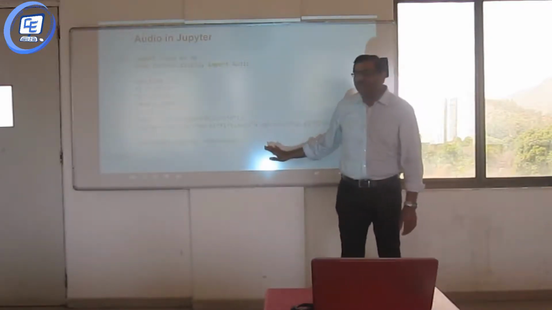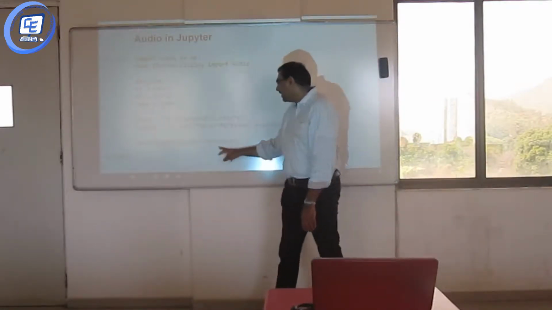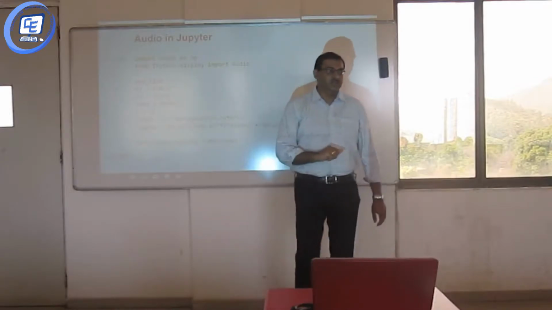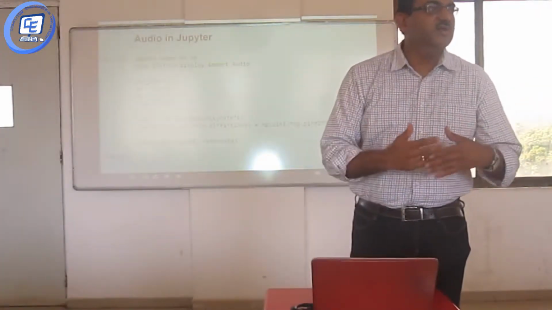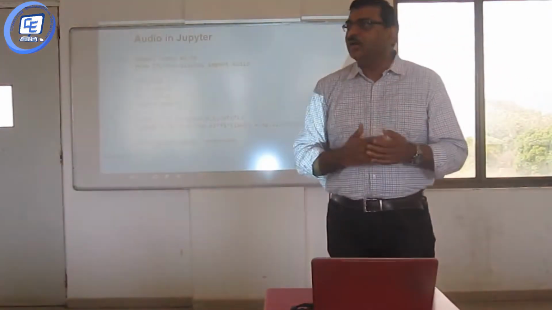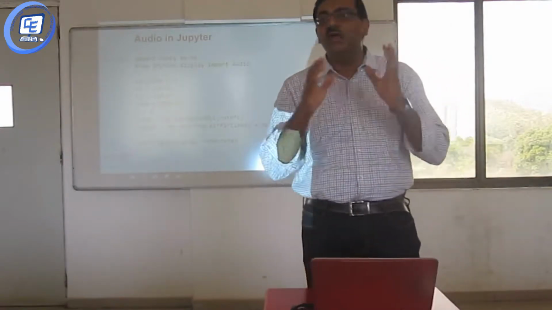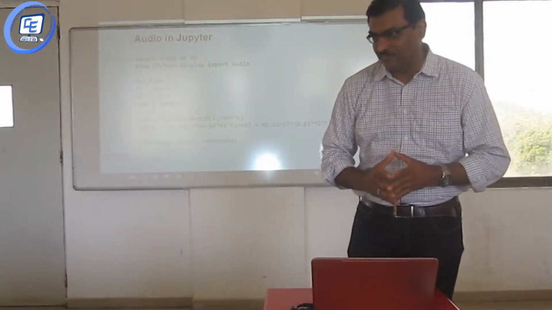So I created a synthetic audio signal, and then Audio with data equal to this signal and rate equal to this sampling rate. So you can play that signal and you can download that signal. So we have seen that besides the theory, we can also have mathematics, image, audio, video, everything along with your code. So it's a very fun way of doing programming.